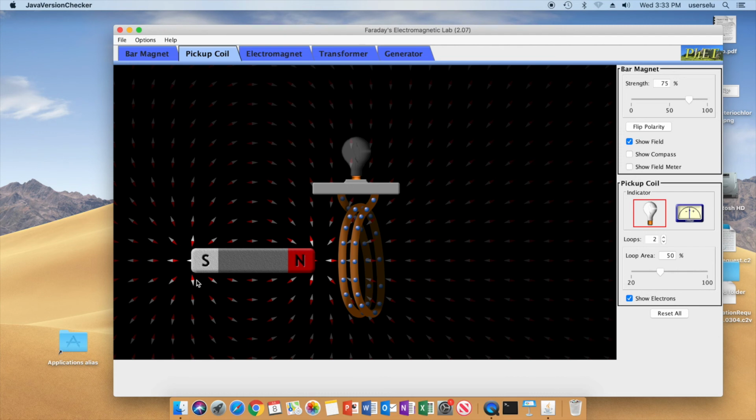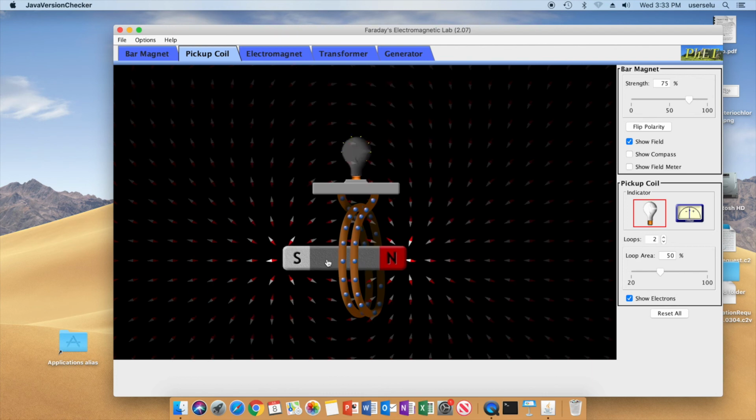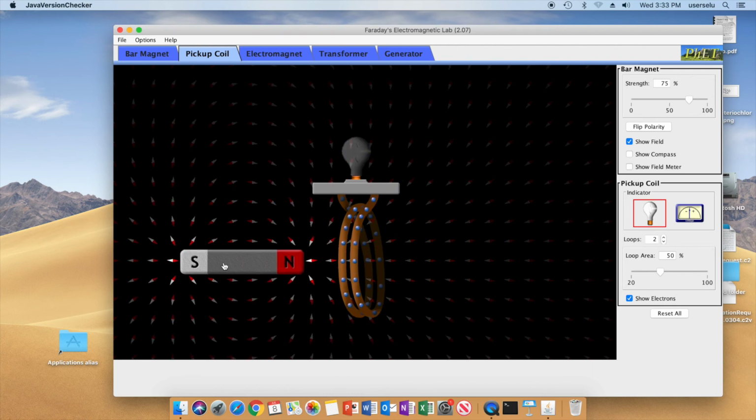So I will have my current going in at the top so that inside the coil, I'm generating a magnetic field pointing to the left to oppose the gain in magnetic field from the bar. So the current moves in at the top, even though the dots are going down. It moves in at the top, and it comes out at the bottom when I move the north pole towards the coil.